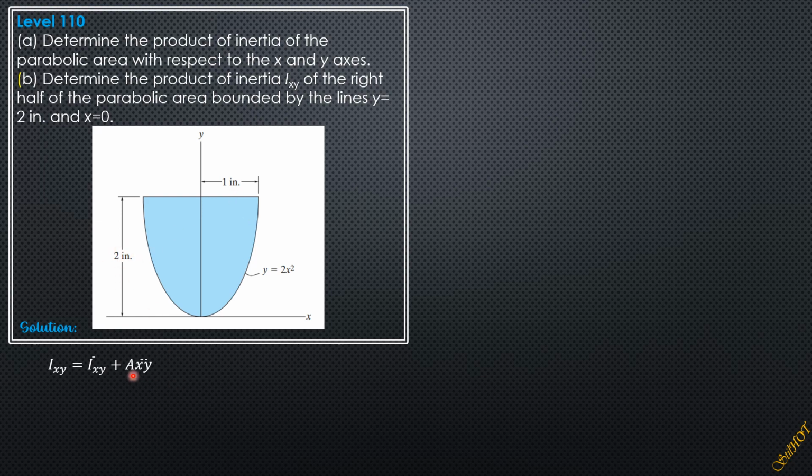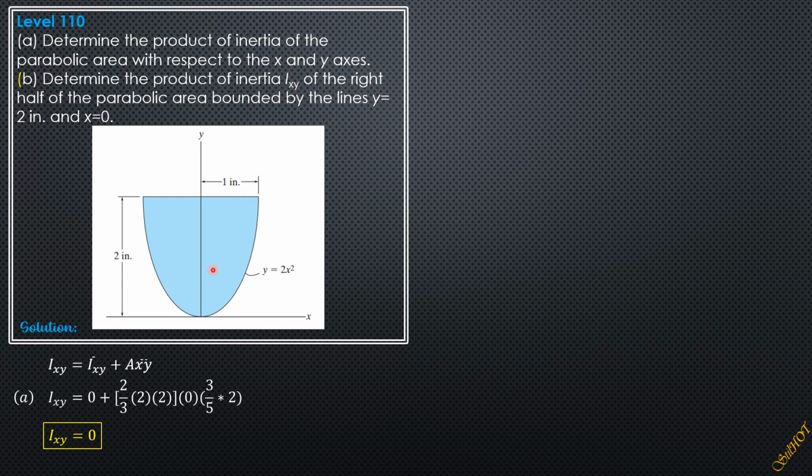Barred x is 0 since the centroid lies on the y-axis, and barred y is 3/5 of 2 inches. Because barred x is 0, everything would be 0. So Ixy equals 0 plus 2/3 of 2 times 2 times 0 times 3/5 of 2. That's why Ixy is 0 for that parabola, because it has an axis of symmetry.